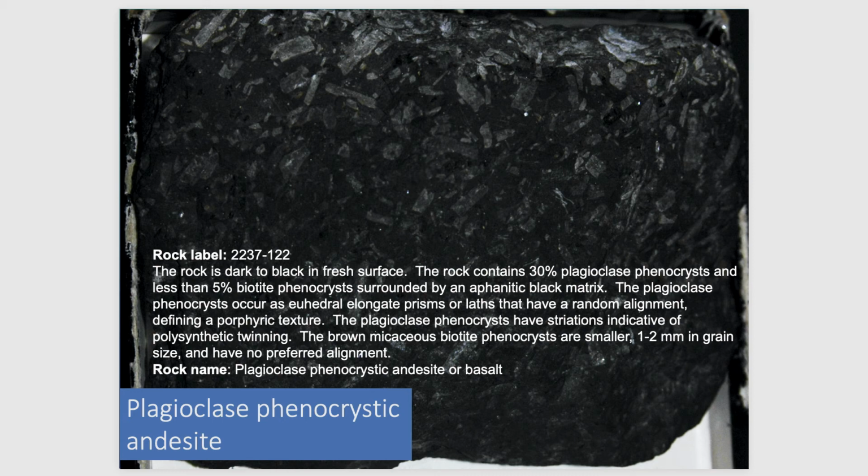So the rock contains on the order of 30% plagioclase, and usually has really little biotite, so there will be hardly any phyllosilicates in here, which is a good indication that you are dealing with an andesite.